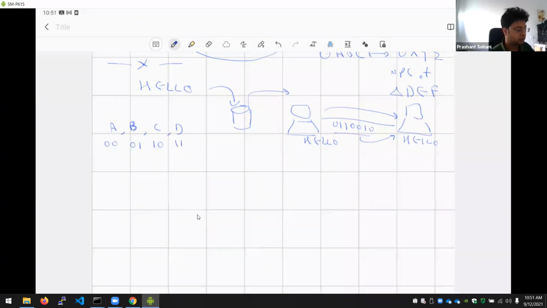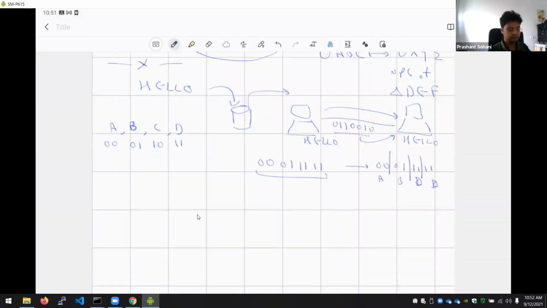Now for example, if the first computer is sending the string 00011111, the other person can break this incoming stream at intervals of 2. And so now they know that this is A, B, D, D.